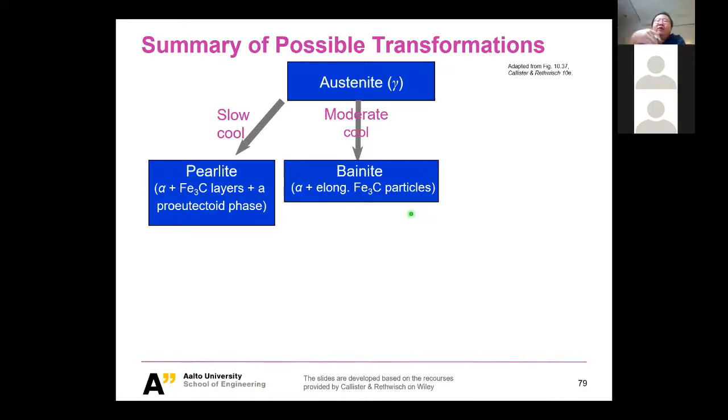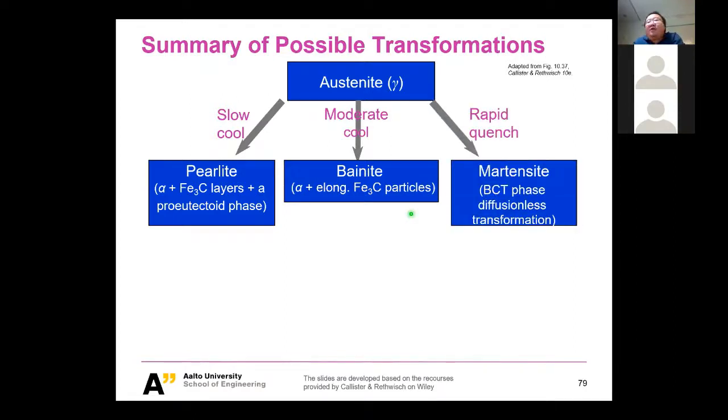Because your supercooling is large and you get the bainite, which has the elongated cementite. So bainite and pearlite don't differ too much in terms of composition. It is more different in the morphology, right? So you will still have the alpha, but with the elongated cementite, not as beautiful as the layered structure.